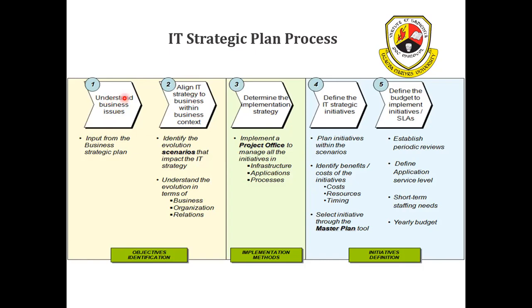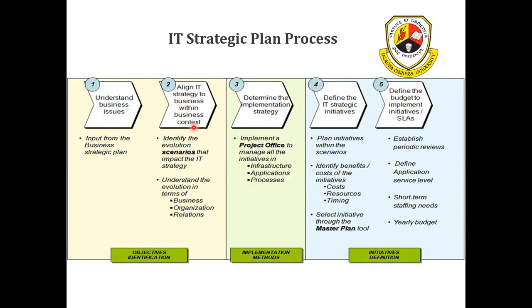Now, once you understand, then you begin to align. Yeah, the ICT department begins to align based on what we discussed earlier, where you put up a scenario saying the business needs to be at this point in 5 years' time. Okay, where are the gaps?